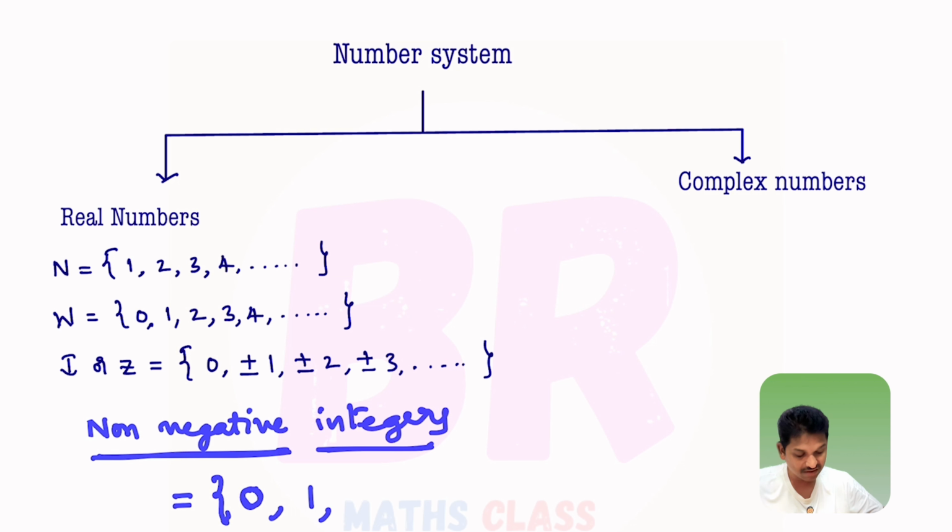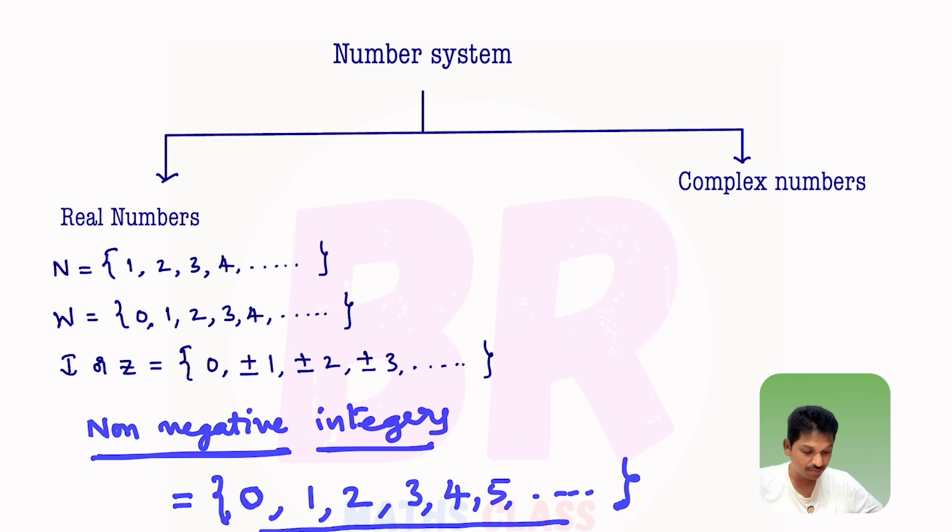Non-negative. 0, 1, 2, 3, 4, 5. What are all these things? These are all non-negative integers. You can observe in this set, whatever numbers I have written, they are all not negative. 0 is not negative. 0 is not positive also. Similarly, non-positive integers.